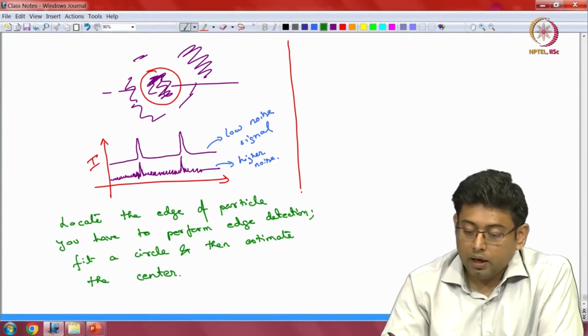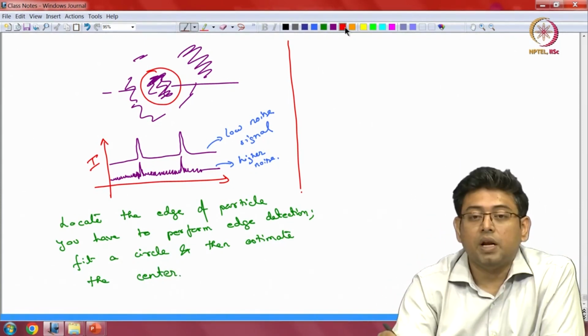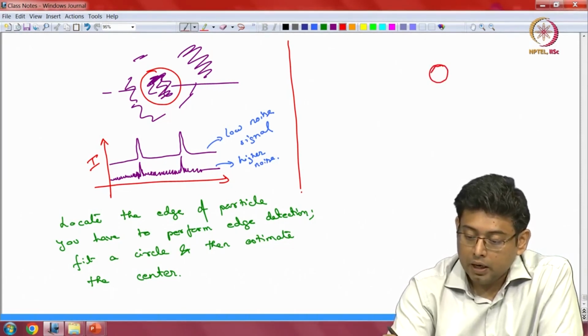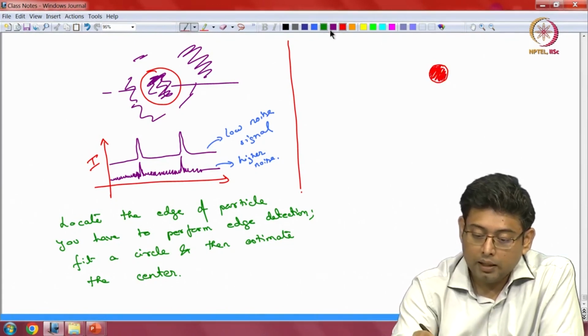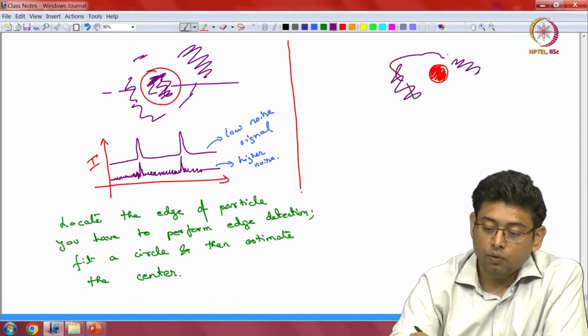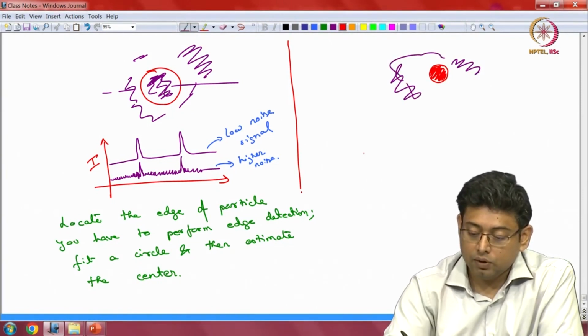On the other hand, if you do something like the fluorescent imaging that I had shown you, your particle may appear such that you have a significant signal from inside the particle, and the outside of the particle looks very different. And we have already seen what an intensity profile in this kind of situation will look like.